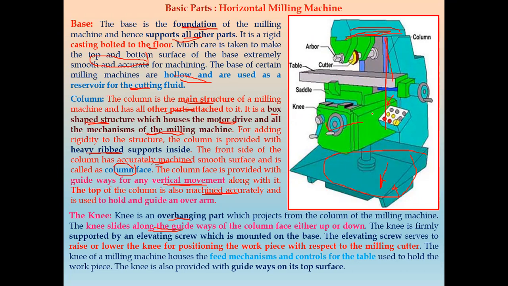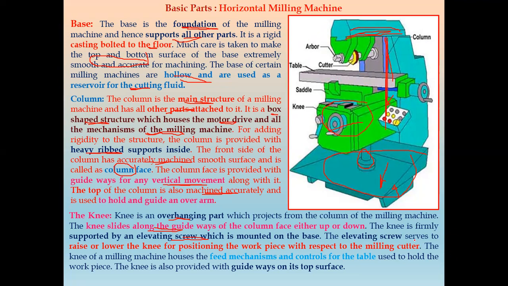So the whole knee assembly can slide along the column in an upward or downward direction. Now the knee is firmly supported by an elevating screw, which is mounted on the base.